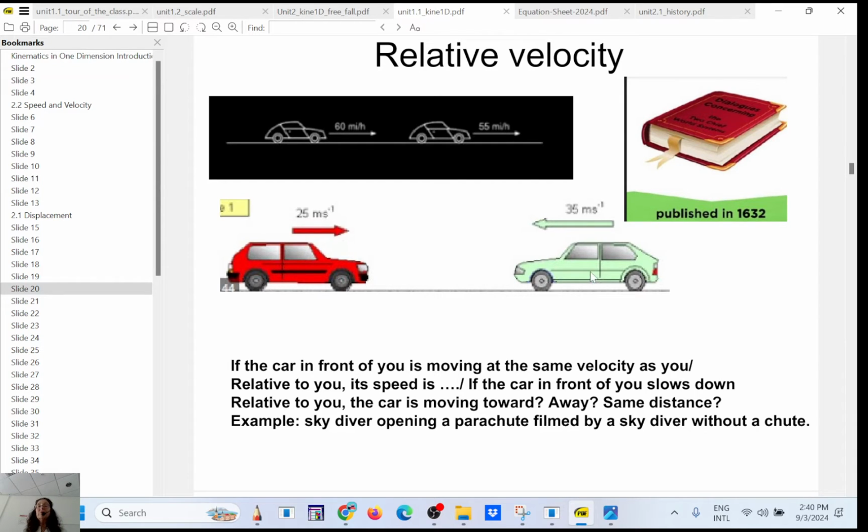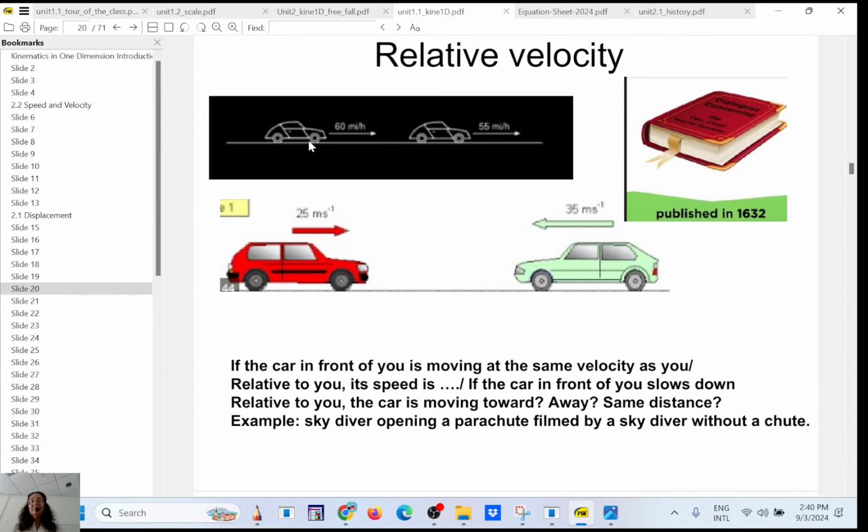Because if you are not moving, the car is moving at 35. But if you are moving, you're going to take less time to meet, right? So relative to you, the relative speed is 60. It's going to be negative 60 because it's moving towards you. If it's moving away from you, it will be positive.